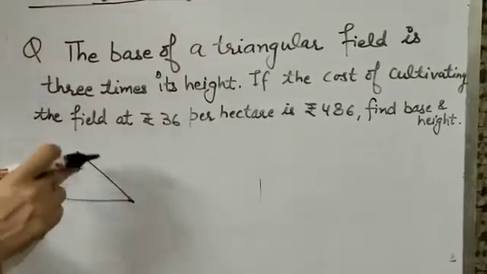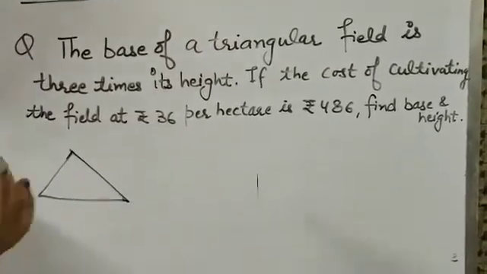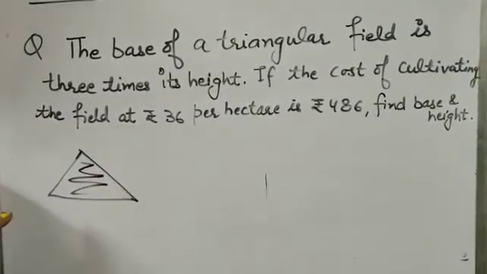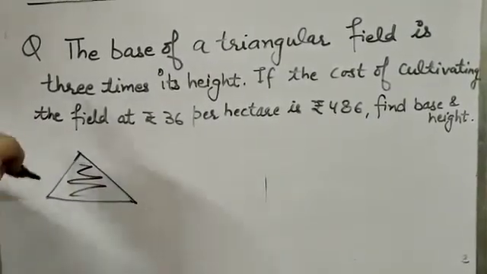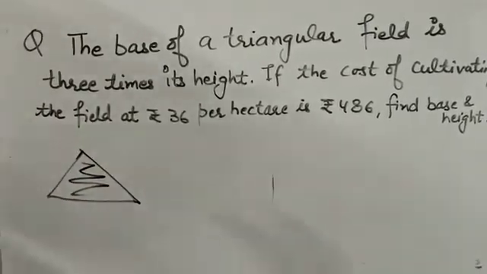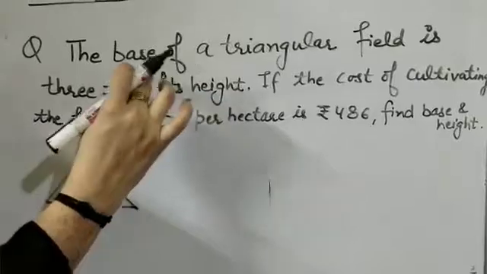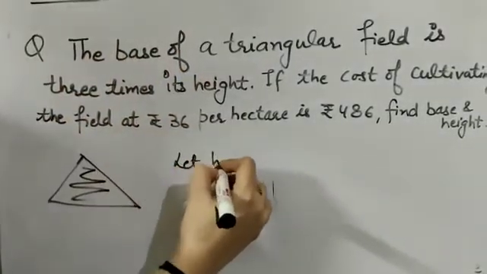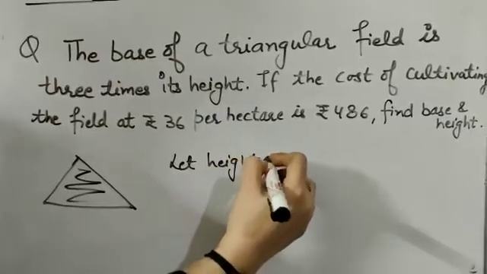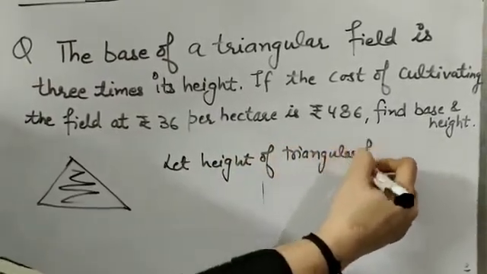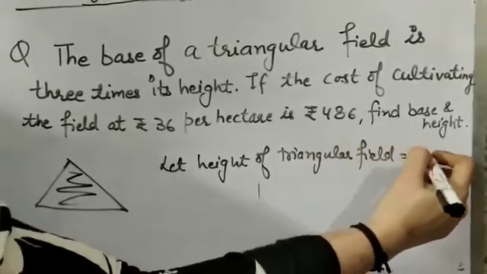If we want to cultivate, where do we do the cultivation? We will do it on its area. To find the cost of cultivation, we need the area of this triangular field. Now the simple thing: what relation is given between base and height? The base is 3 times the height, so let the height of the triangular field be x.